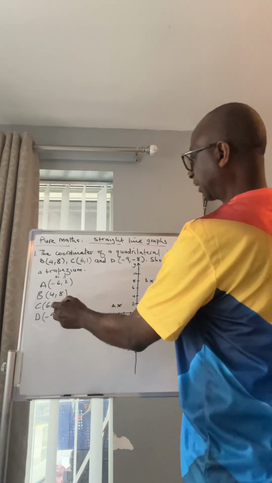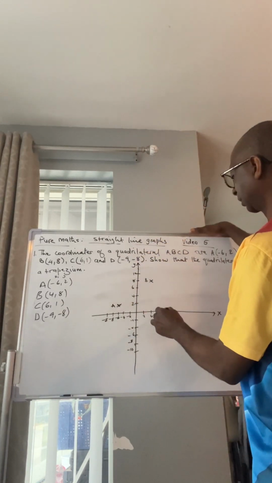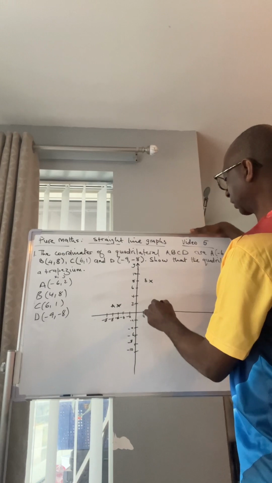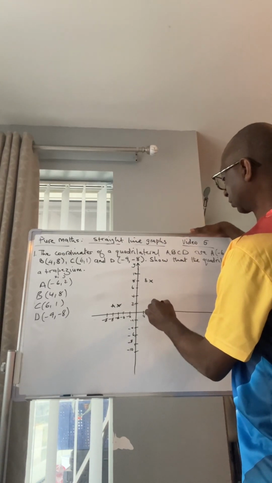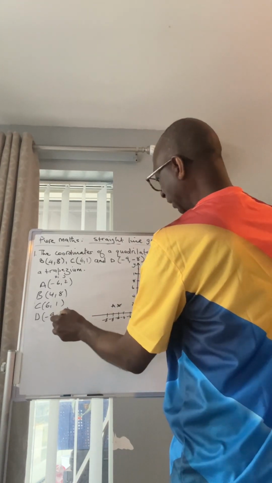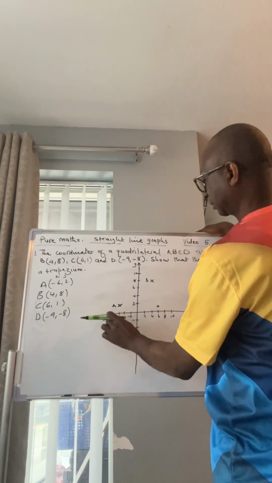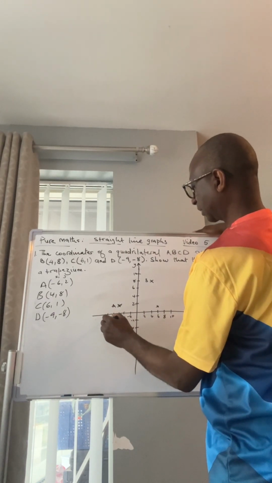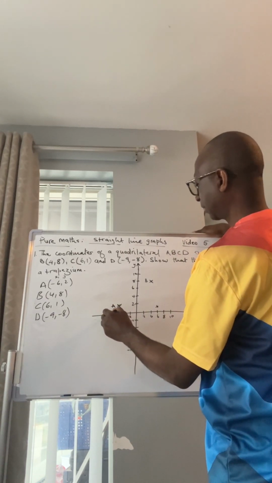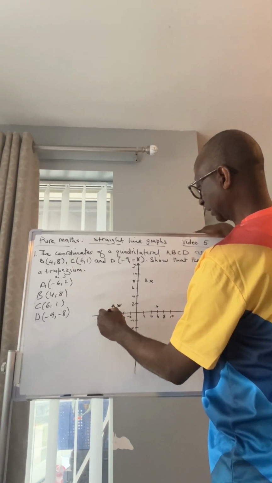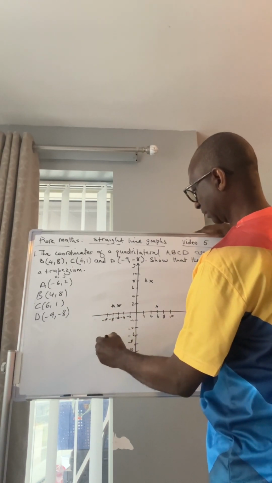And we have C 6, 1. X is 6, y is 1. So they meet here, 6, 1. And then D minus 9, minus 8. So minus 9 is here, and minus 8 is here.